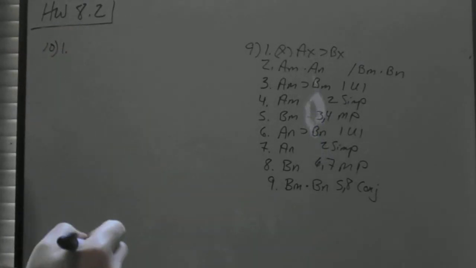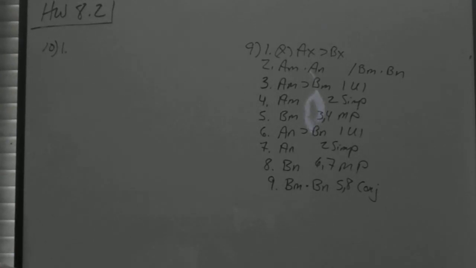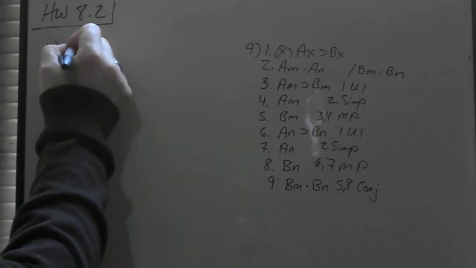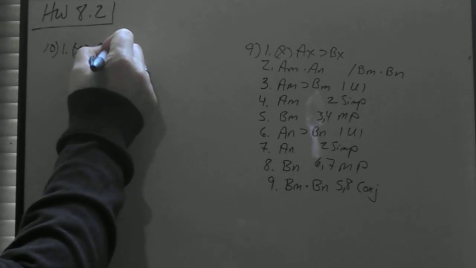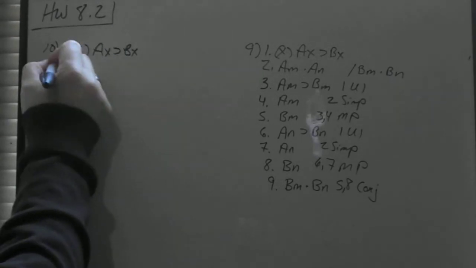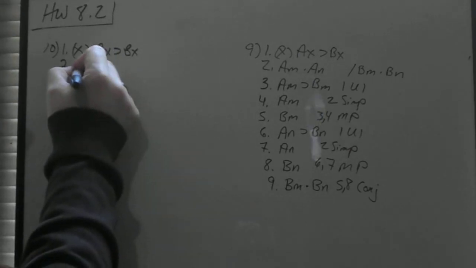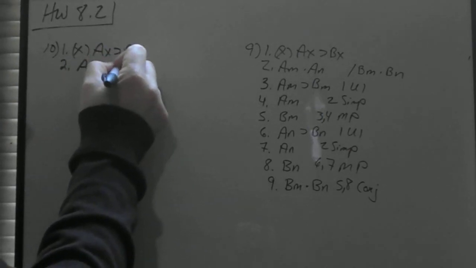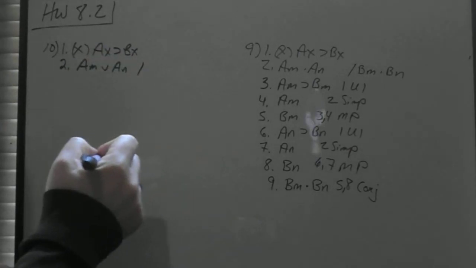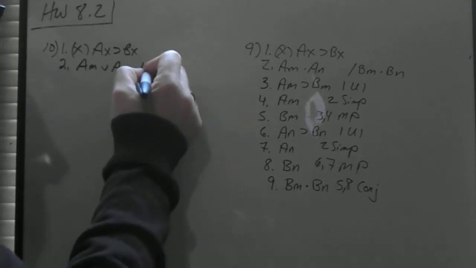All right, and finally, number 10, we have x, AX, then BX. Line 2, AM or AN. Therefore, BM or BN.